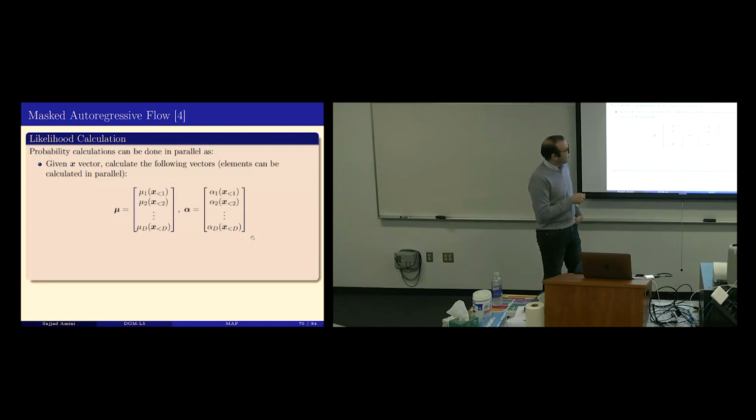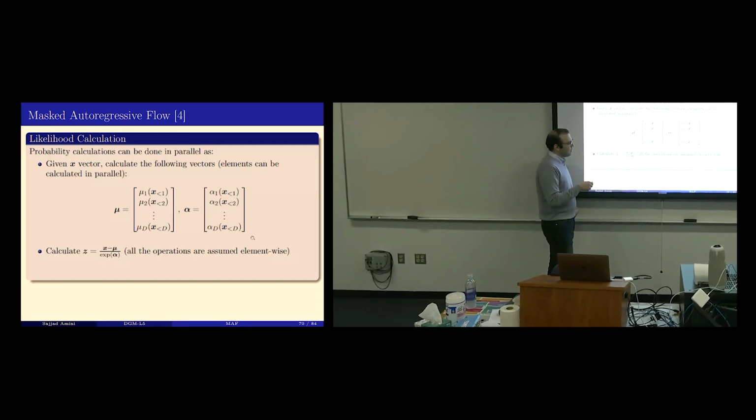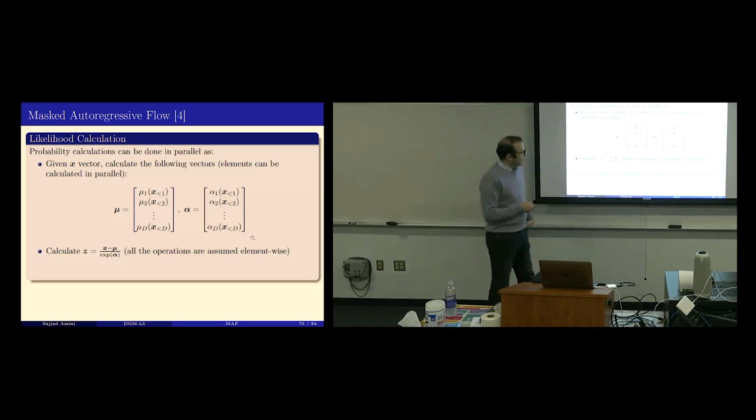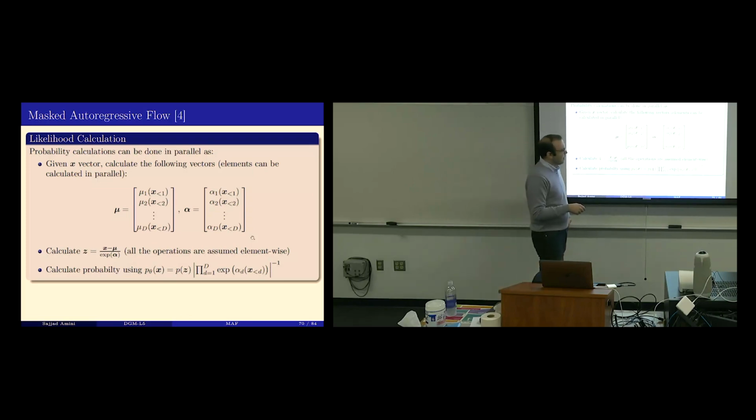So you compute mu and alpha in parallel, and then you can calculate z using this transformation, which is the inverse of what you have done to generate x, and we know how this can be done.